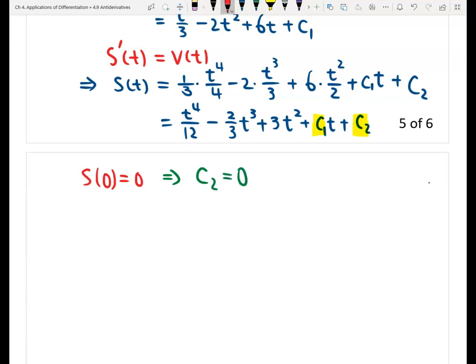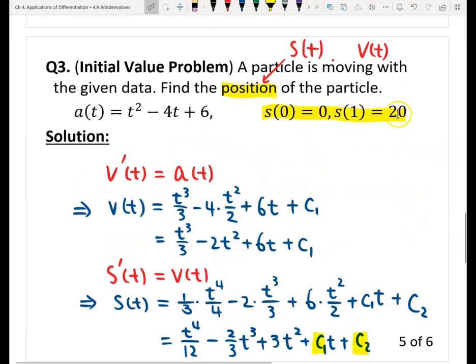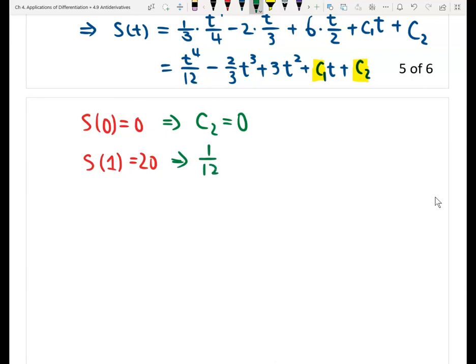What about the second? Let's go back to check. See, s(1) equals 20. The second condition is s(1) equals 20. See what we can get this time. Plug in 1, which is 1 over 12, right?